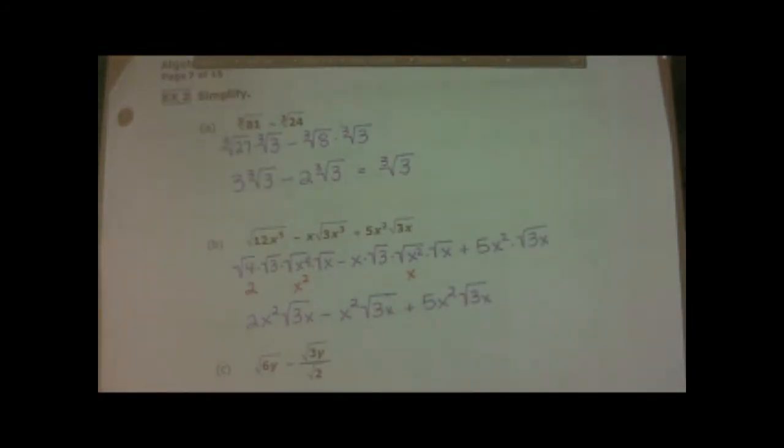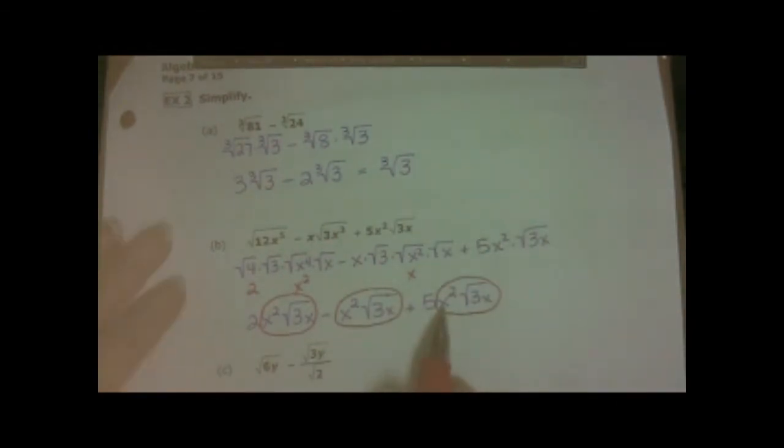Now, here's the thing that's different about this. Not only do you need to have a like radical to combine these, you also need them to be like terms in general. That means this whole part is the same as this whole part, is the same as this whole part.